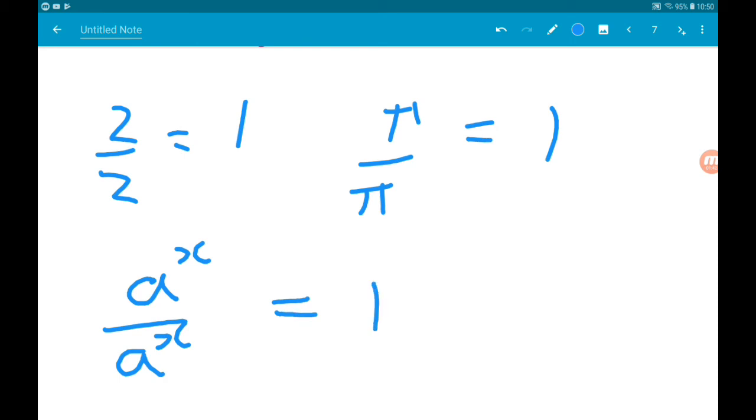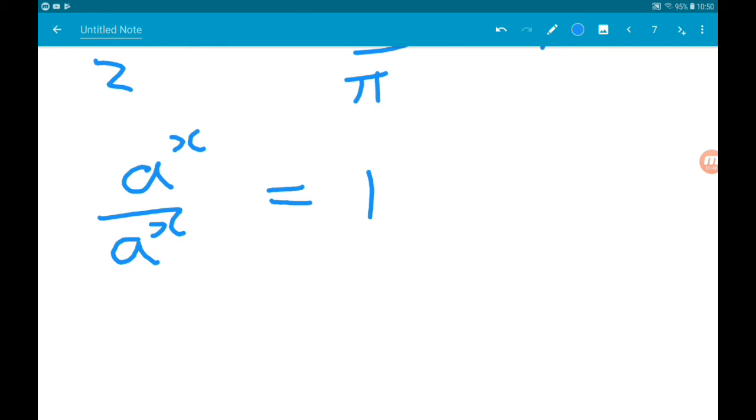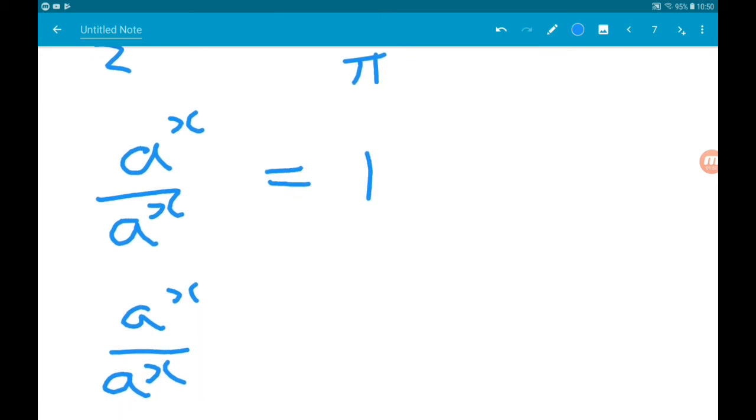Now in terms of the indices, we know that a to the power x divided by a to the power x, well that's a to the power x minus x, which is a to the power 0.